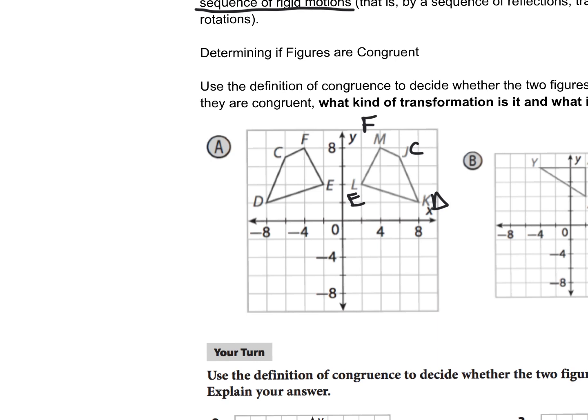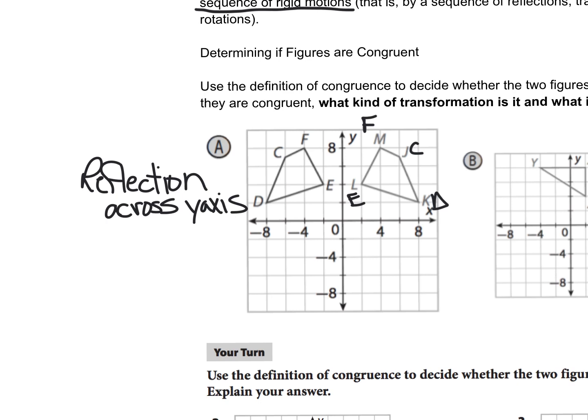So it's kind of easy to see that this was a reflection, right? So reflect across y-axis. And if we want to write the rule, xy goes to, and let's check one of them.